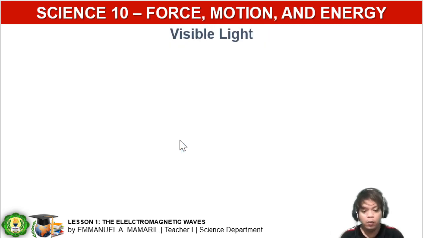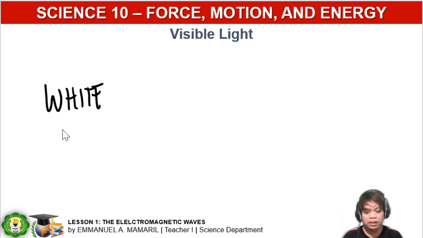Okay? So, we can say that the visible light here is just made up of white light, and white light is made up of 7 colors. So let me try using 7 colors here.